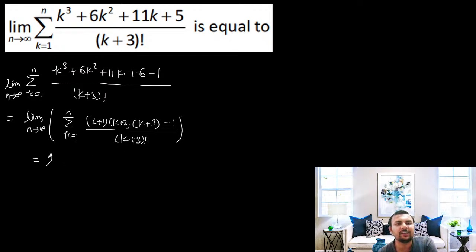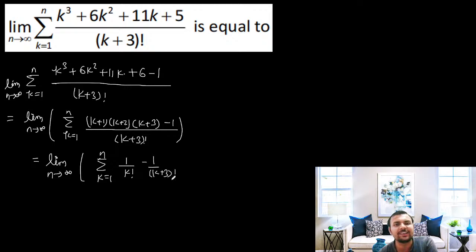So we can open this as limit n tending to infinity of one summation, k equal to 1 to n, of 1 upon k factorial minus 1 upon (k+3) factorial.